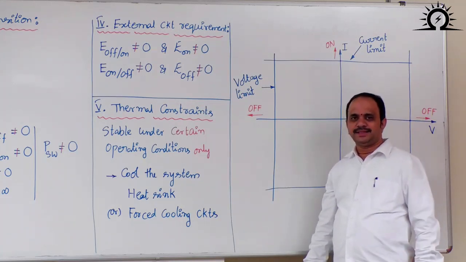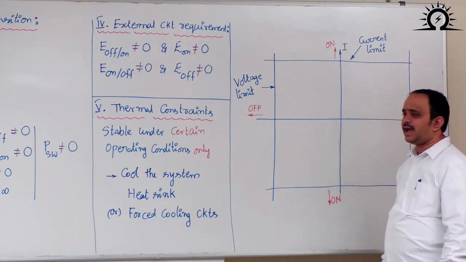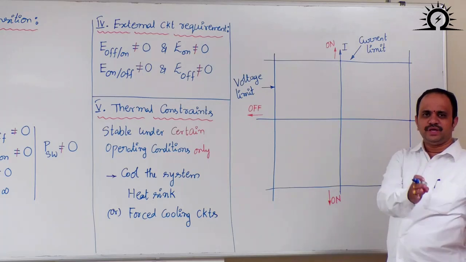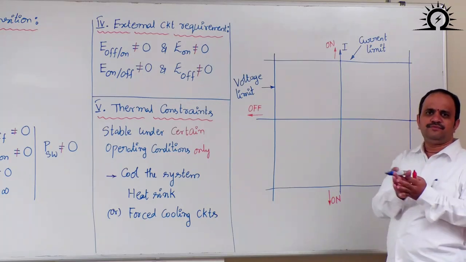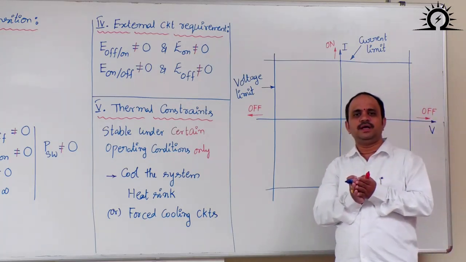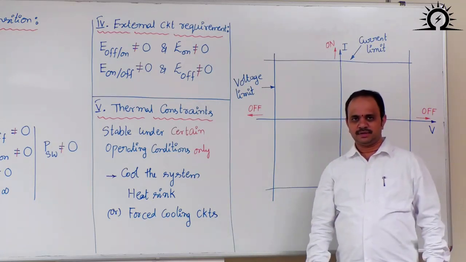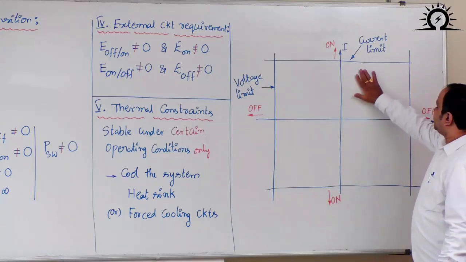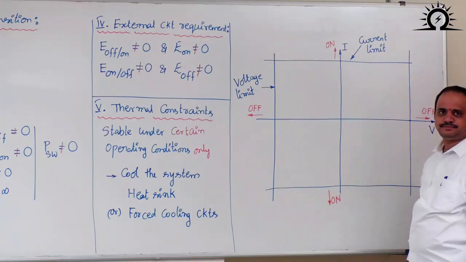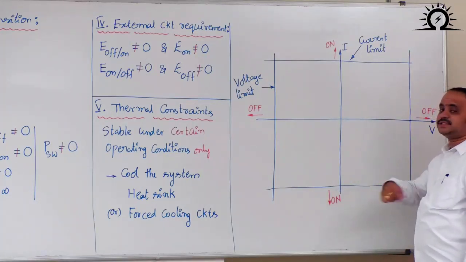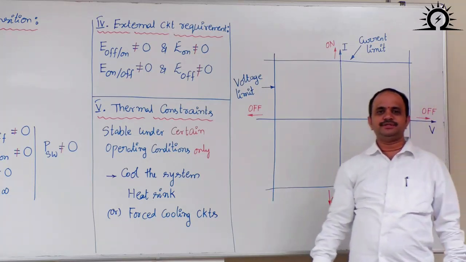If you operate it like that, then it will have 100 into 50, which is 5000, or 5 kilowatt. On top of that, the device will have some losses. Then it will cross this boundary, so there is a chance for the device to be damaged.